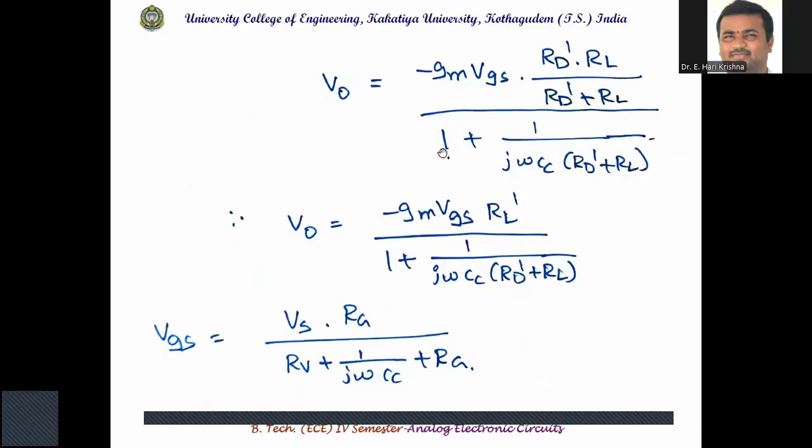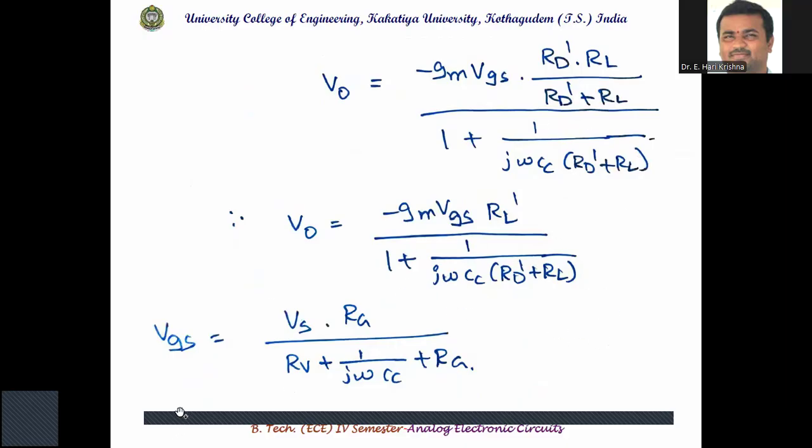The remaining component is 1 plus 1 by j omega Cc into RD dash plus RL. So minus gm VGS, this is completely taken as RL dash, the parallel combination of capital RD, small rd, and load resistance. Then the leftover component is written here.